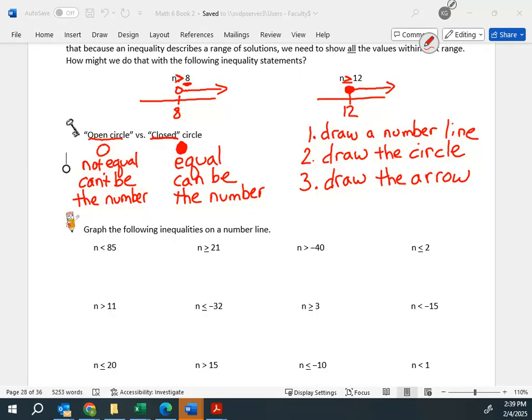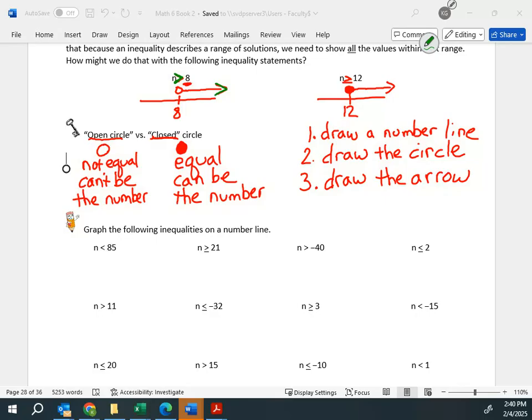So when we look at it this way, an easy way to think about it is if it is greater than, my little arrow looks like a little arrow, that open mouth looks like an arrow, my arrow points that same direction. So this only works if you have the n on the left, which is what we will only be working with in Math 6, with that n being on the left-hand side of the inequality statement.